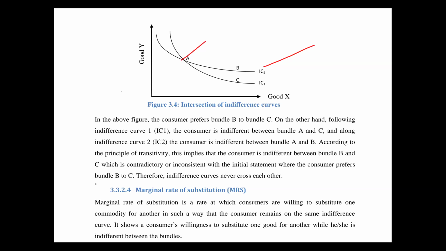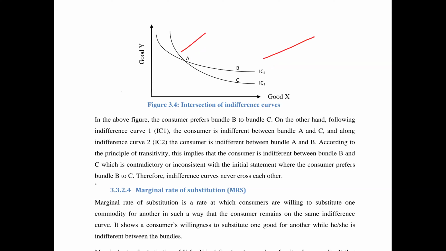But again, A belongs to the two indifference curves. You've seen, it belongs to the one that is higher and the other one that is lower. So if the consumer prefers, let's say, bundle B, of course, it has to be like that because B is higher than C.